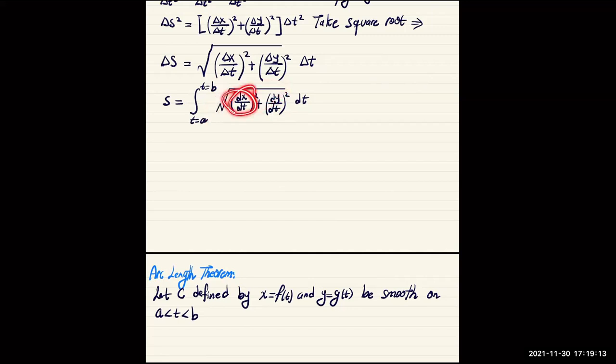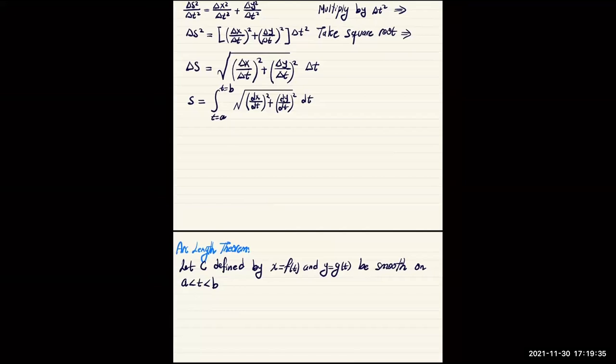These have to be defined, else we are not able to find the integral. Also, the requirement for smoothness says that this should be positive. If that's simultaneously zero, then arc length is going to be zero. It just makes no sense. We need smoothness. So that's one requirement.